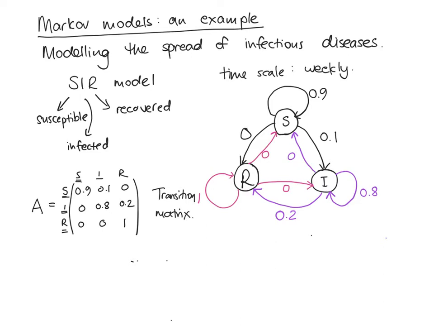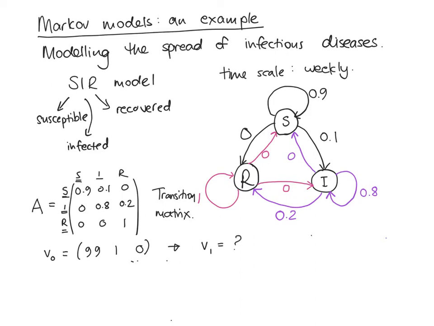So what can we use our transition matrix for? Well, we can use it to tell how, if we have a certain initial population divided between the three states, what they'll look like 1 week later. So if, for example, we have an initial distribution that has 99 people who are susceptible, 1 person who's infected, and no one who's recovered, then the question we might ask is, what is our population 1 week later?